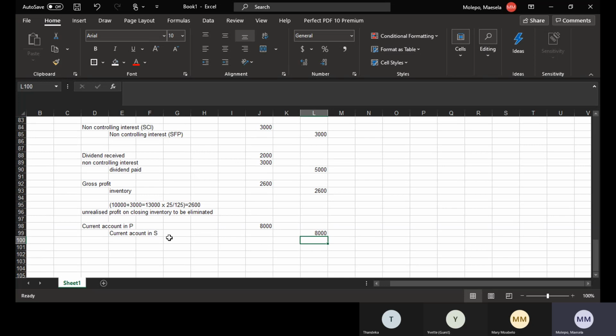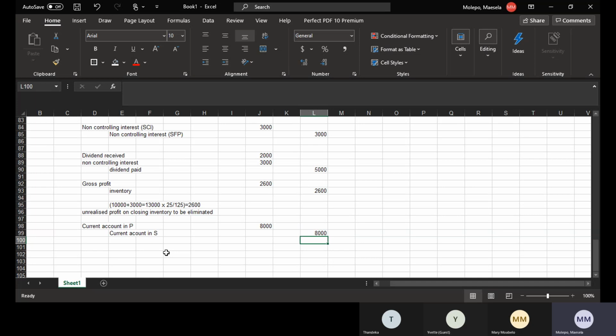So up to so far, any question? Okay. So now we'll do the consolidation. The consolidation in this case will be simple, because we're just consolidating whatever was not eliminated. So those ones, I'm not going to draft on Excel.